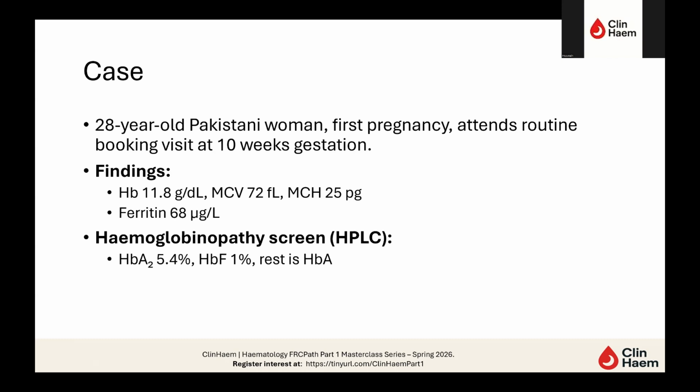So if alpha trait is the problem, either the hemoglobin is normal, or if they are low, all the different types are low. So the overall percentages will appear normal. So hemoglobin electrophoresis in alpha would be normal. This is not alpha, this is beta, as we can see, because beta chains are low. So there is some excess of alpha which has a chance to bind with delta, and that gives you an increased delta.